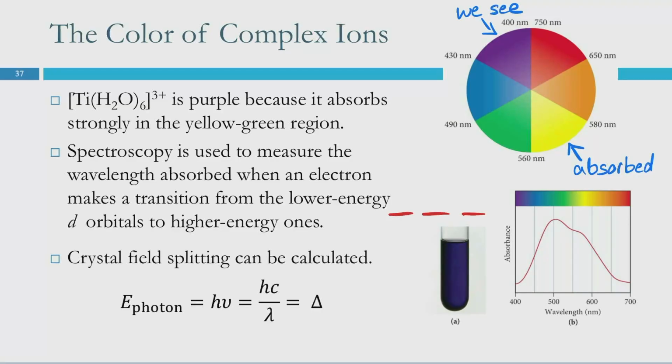So when our field is split, that's the energy for one of the electrons to jump from a lower level to a higher level, is the absorbed energy. And then we see whatever is left over.